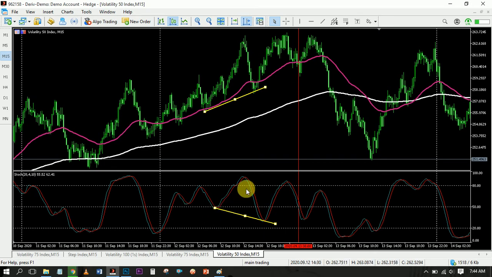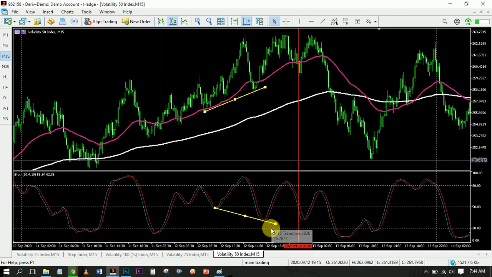Yes, I promise you that I should really look out for the stochastic, that if it crosses below the 20. Yes, but the reason why I would have taken this is because, though it did not get to 20, it almost got to 20, and it was between the 50 and the 20. So that was the reason why I considered it.